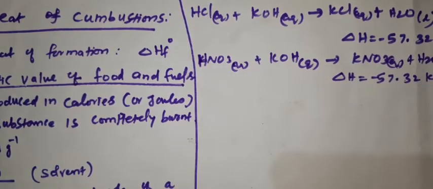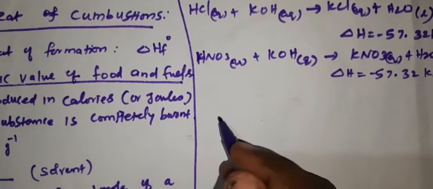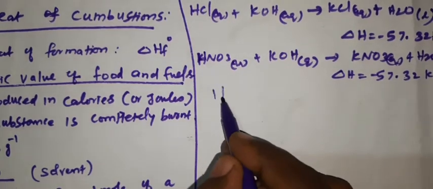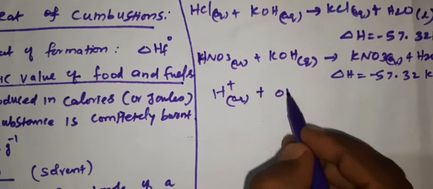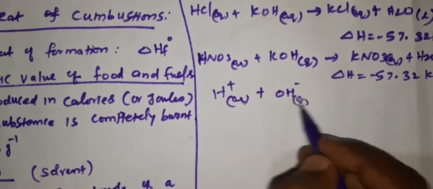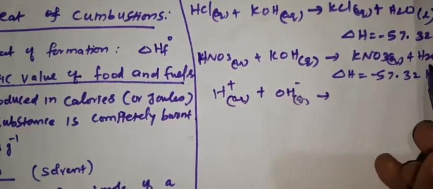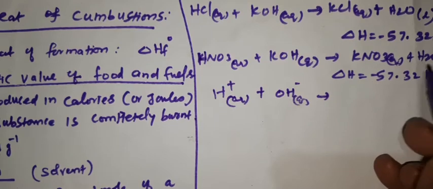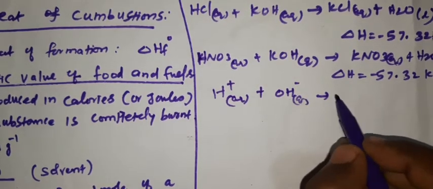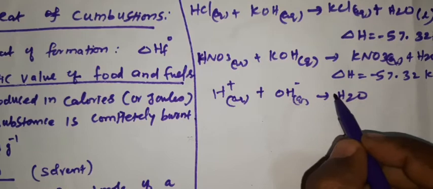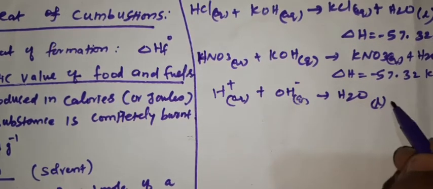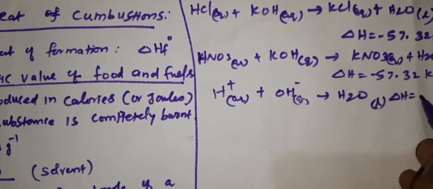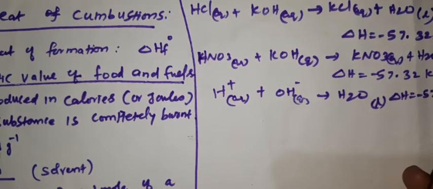So we can summarize all the equations in ionic form. Acid we write as H plus, base as OH minus aqueous. Because liquids, solids and gases cannot be split, we get H2O liquid. So the value is delta H equal to minus 57.32 kilojoules.